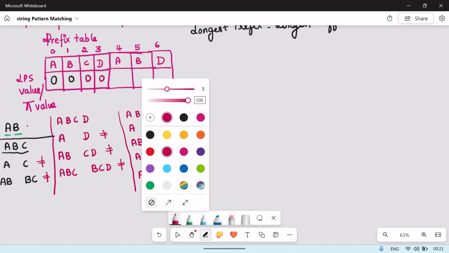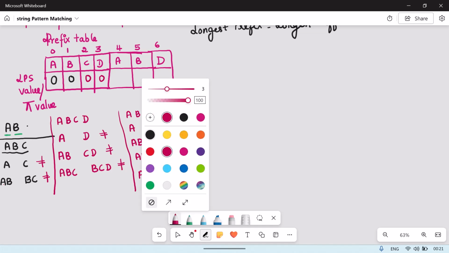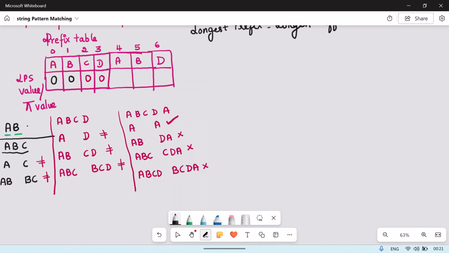So one character from the left, one character from the right, two characters from the left, two characters from the right. So this is a match, right? Here A and A are matching, whereas here also no match, here also no match, and here also no match. Now the match only happened in the first one. So check how many characters are matching. One character, right? A is equal to A. So one character is matching. So one here.